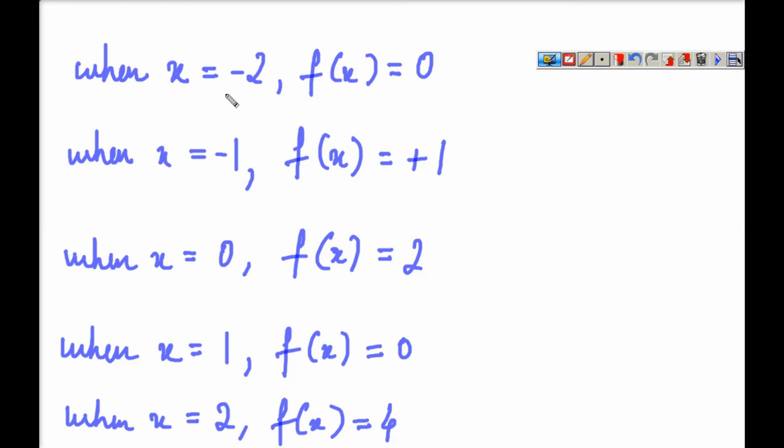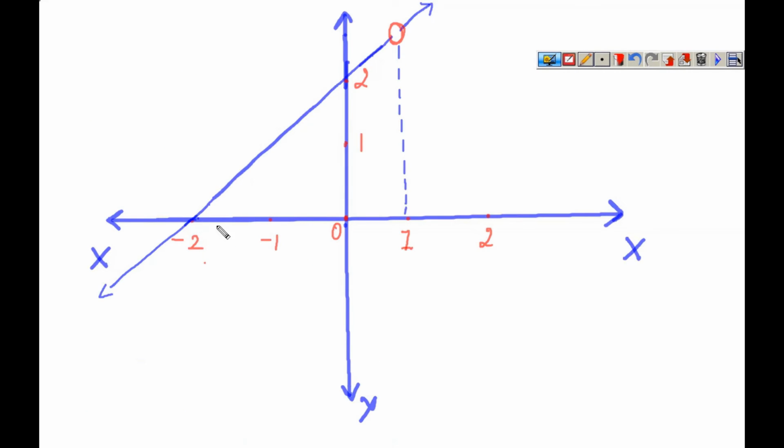When x equals -2, the value of the function is 0, and when x equals -1, it is 1. This is a point, and we're connecting those dots and making a line of the function.